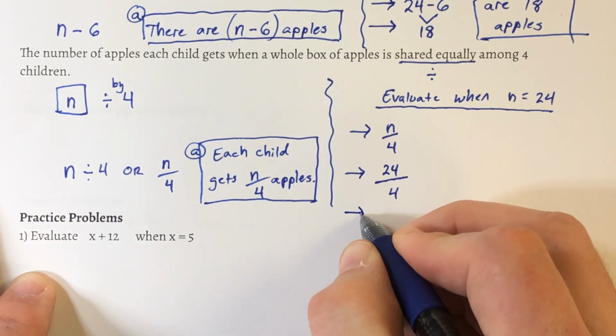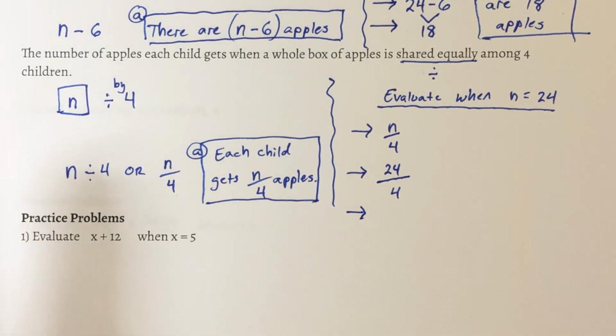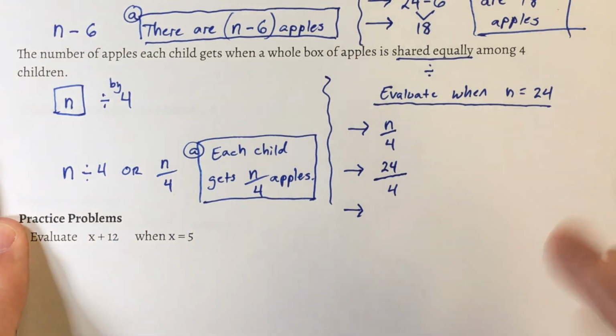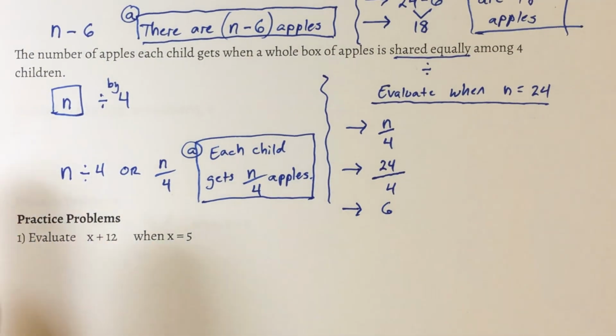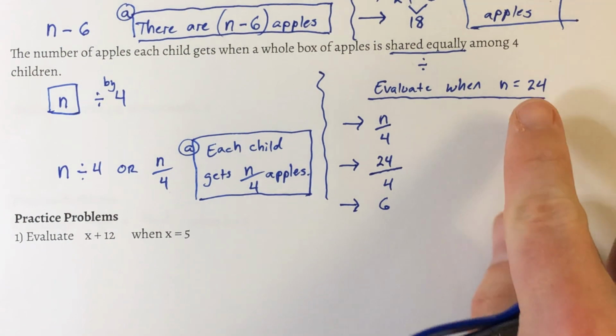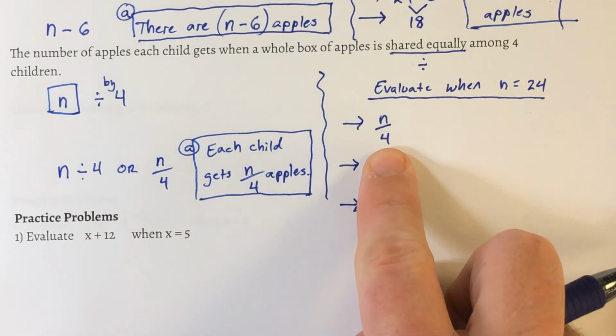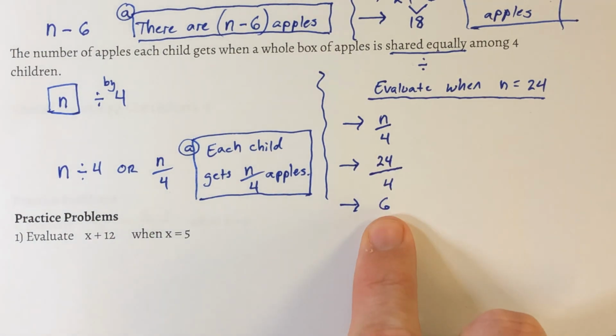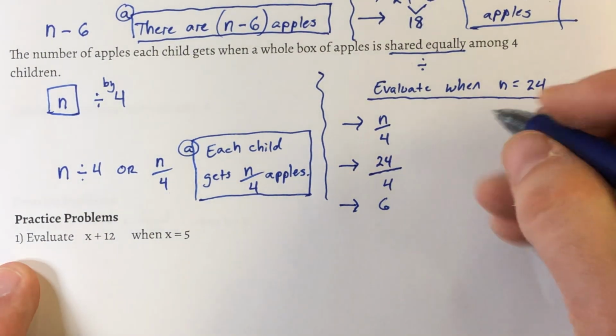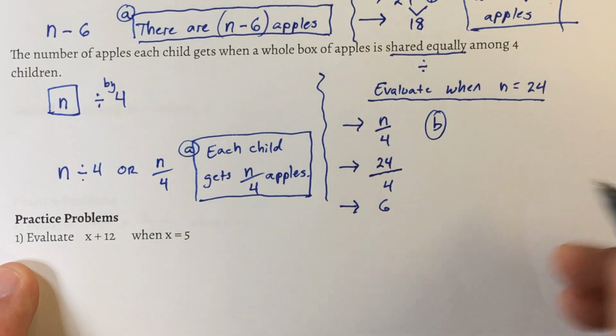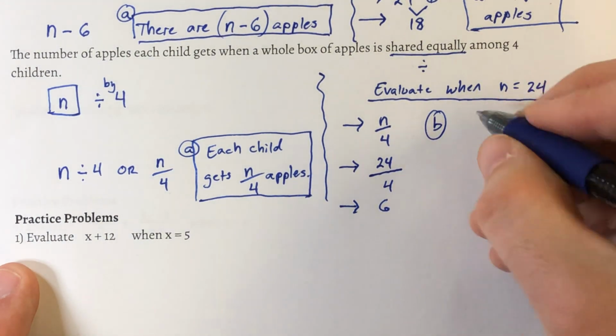Third step, start solving step by step. There's only one step on this. 24 divided by 4, which gives you 6. So we are saying that if there are 24 apples in the box and you divide them among 4 children, you're going to get 6. So part B answer, how many apples does each child get?